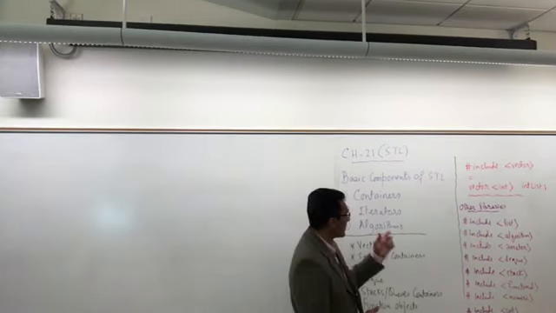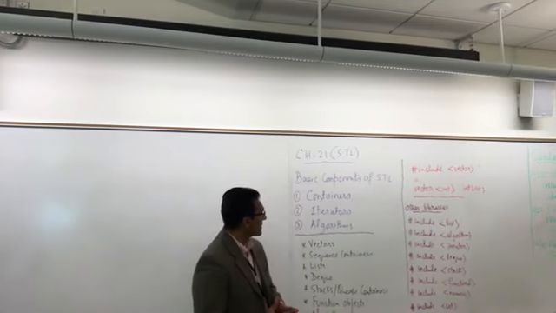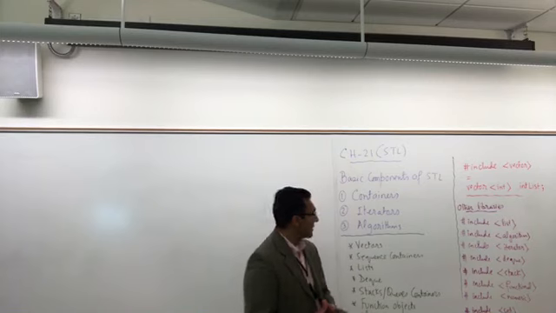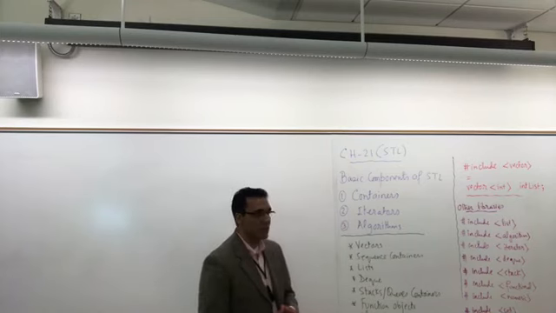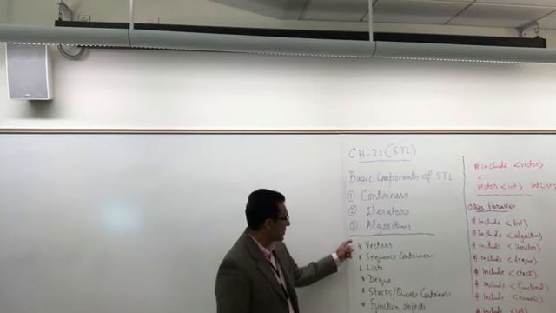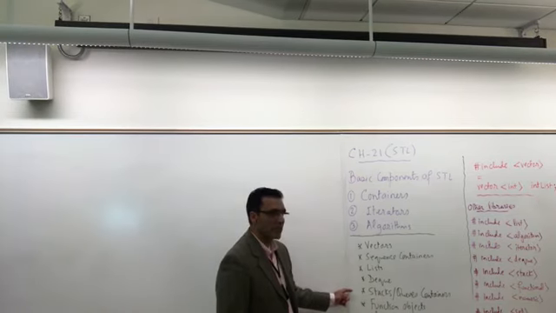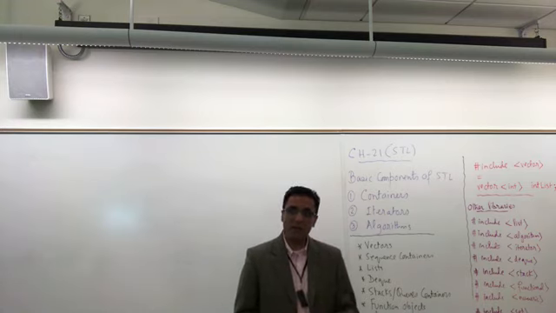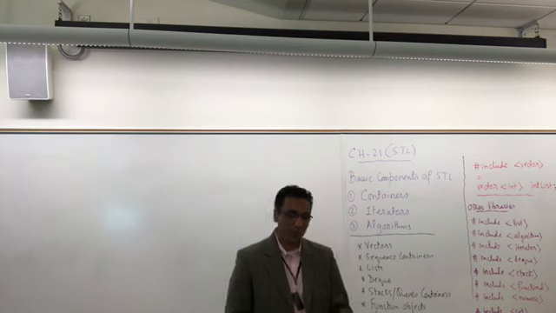So I'm going to talk about those three major components. In this chapter, we talk about containers, iterators, and algorithms, and there are different additional containers and algorithms and different types of concepts we'll be discussing. Some of these concepts we have talked about in the previous chapters.